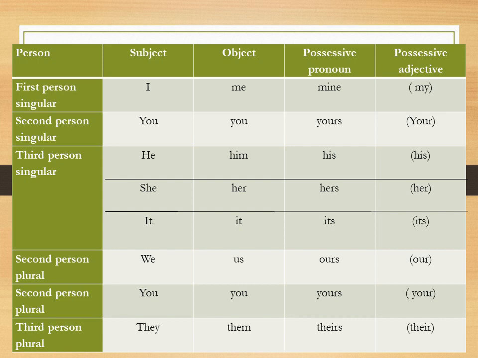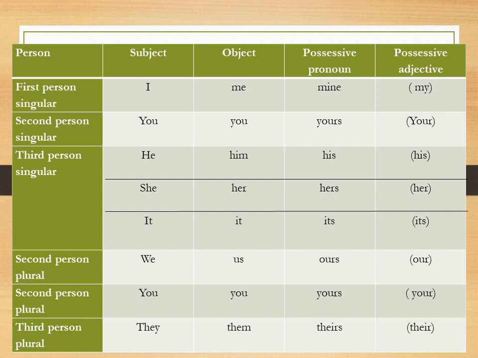Then we're going to look at the plural. First person plural, we, the object is us, the possessive pronoun is ours, and the possessive adjective is our. Second person plural, you, the object is you, the possessive pronoun is yours, and the possessive adjective is your.